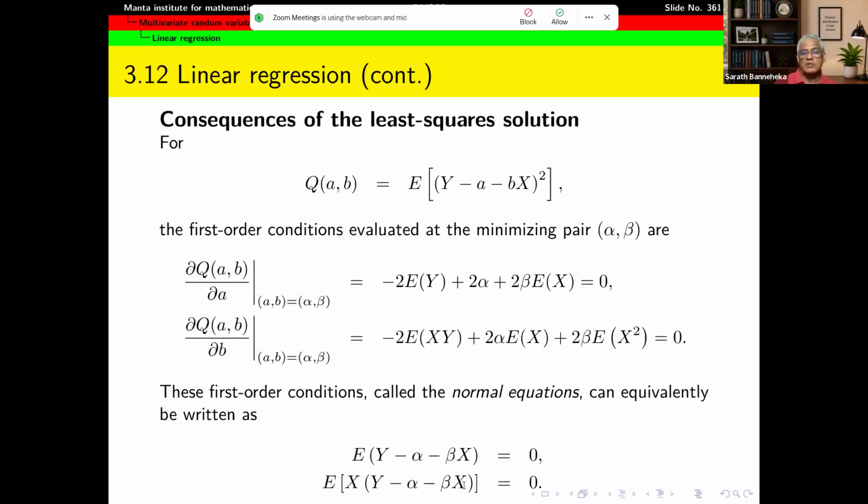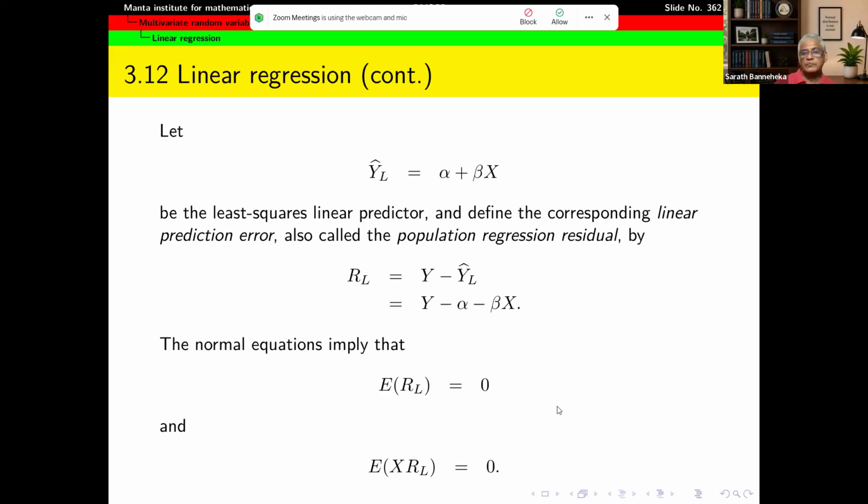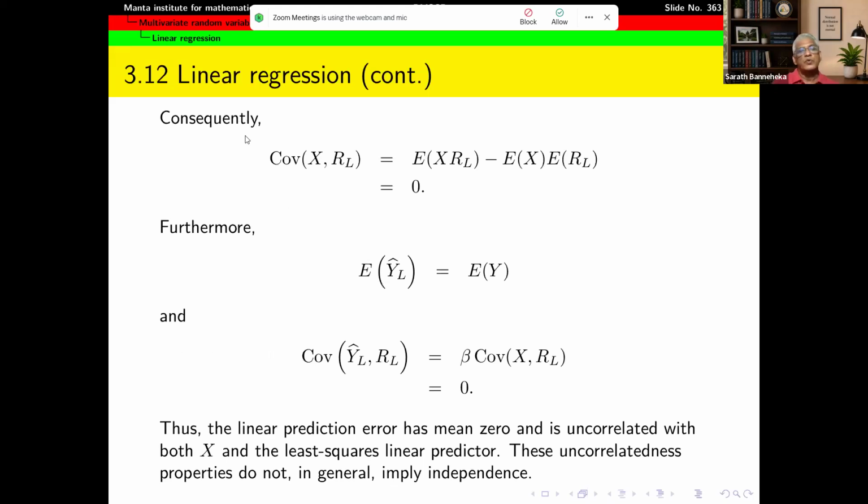So if you look at the covariance between x and RL, where x is usually called the explanatory variable and RL is the residual, it is equal to the expected value of the product of these two minus the expected value of x times the expected value of RL.